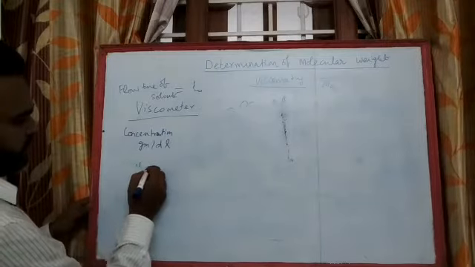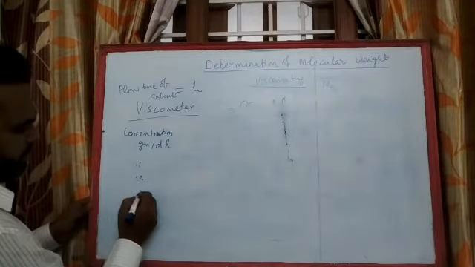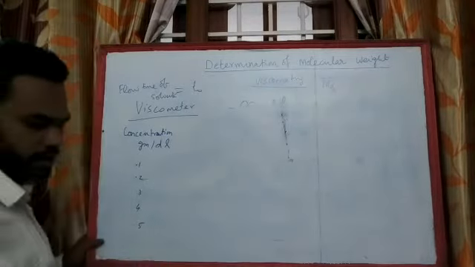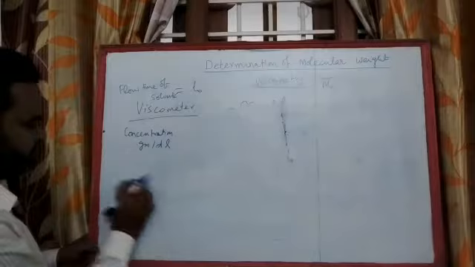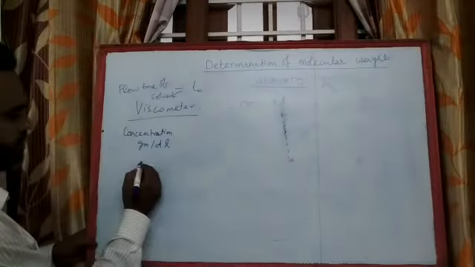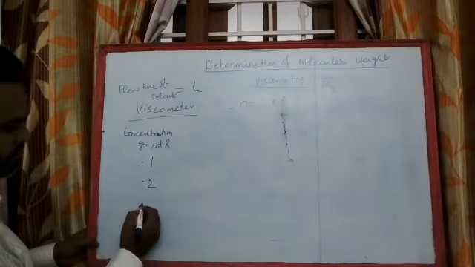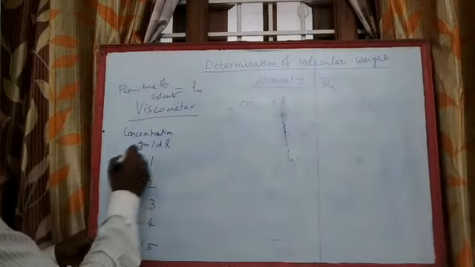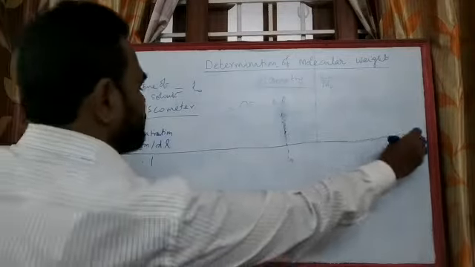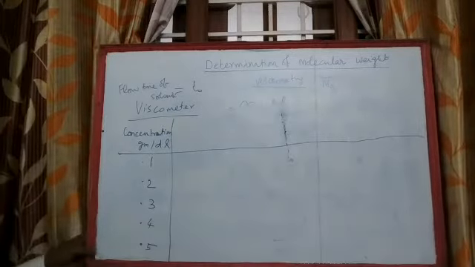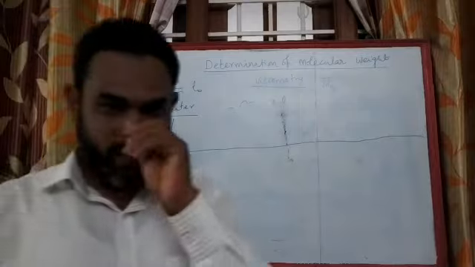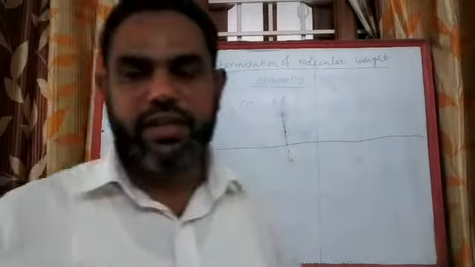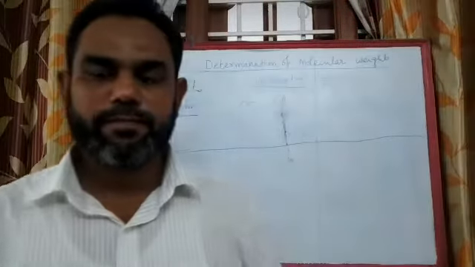Say 0.1, 0.2, 0.3, 0.4, 0.5. Is it visible? Okay, I will write it. So I prepare polymer solutions of 5 concentrations. Then take up this polymer solution in the viscometer.